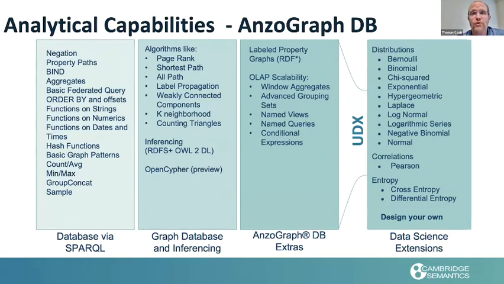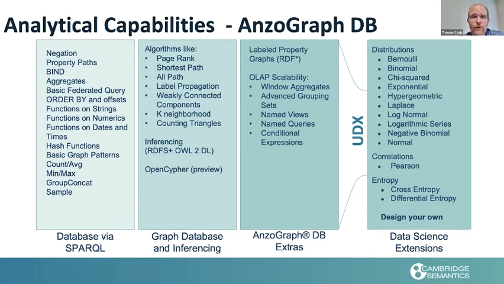Algorithms like PageRank that shows you the most well-connected node in a network, or shortest path between two nodes using weights on the edges for cost or other probabilities or weights. Label propagation for clustering. We've also added a number of OLAP capabilities on top of the database, like cubing and rollups and windowed aggregates, the ability to create named views and named queries, conditional expressions.